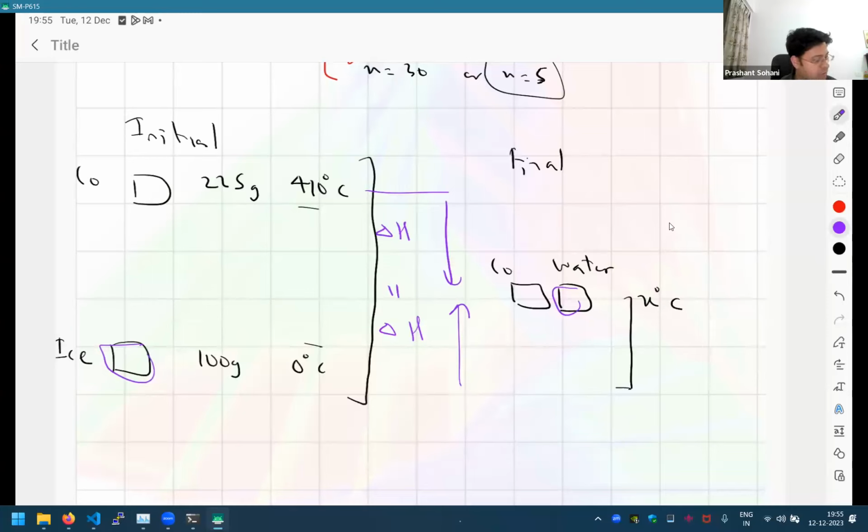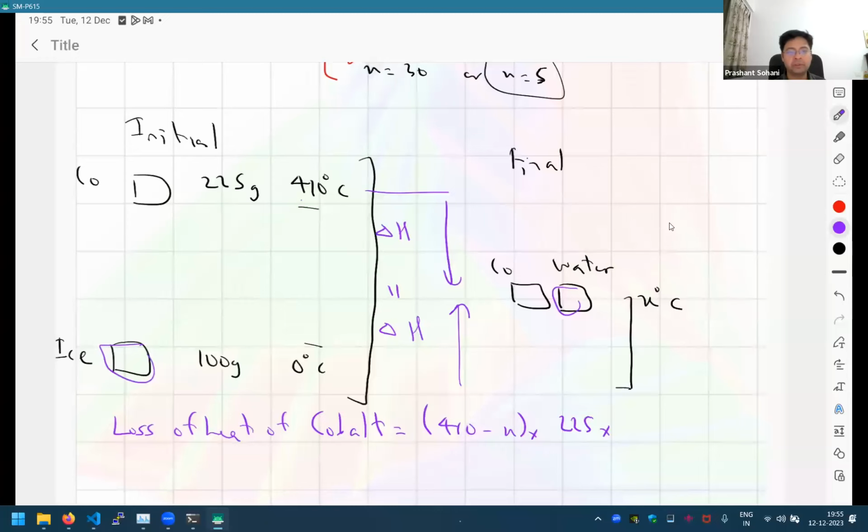So how much is the loss of the heat for the cobalt? That is the easy part because there is no question of latent heat or anything like that. So the loss of heat of the cobalt block is simply going to be the difference in the temperature, so 410 minus x degrees times the mass times the specific heat capacity.